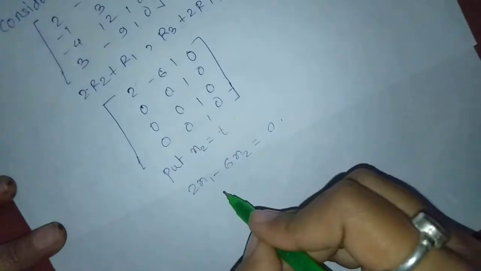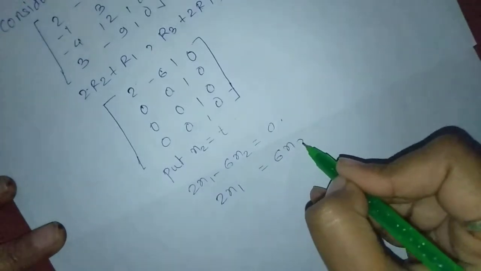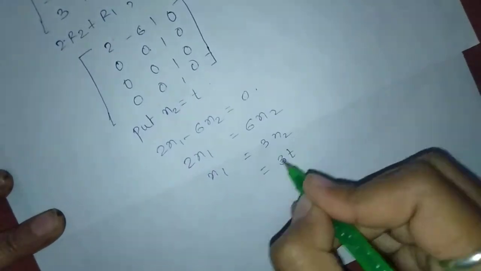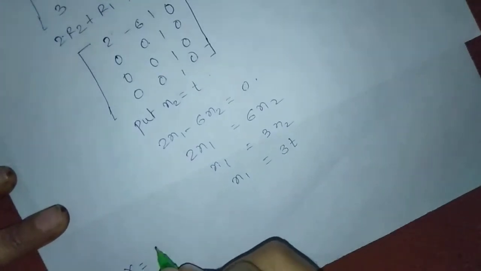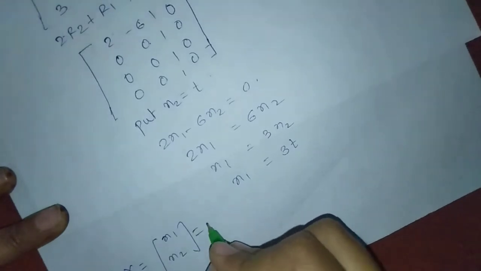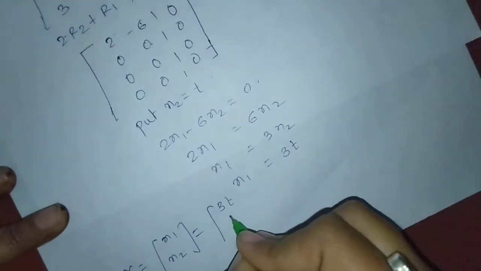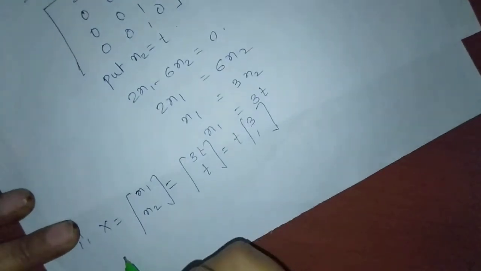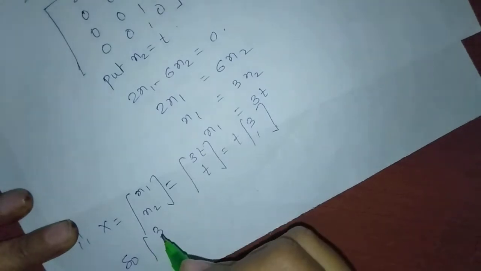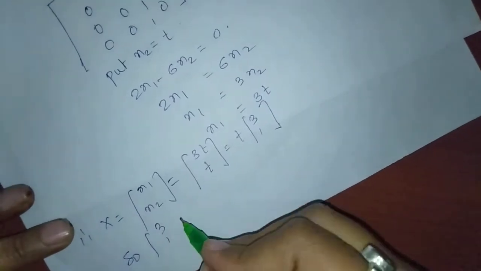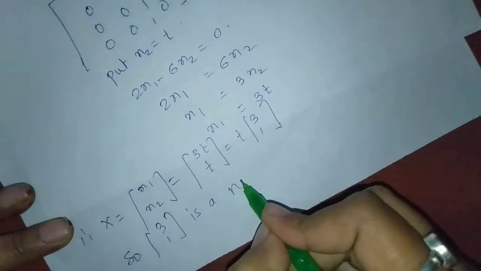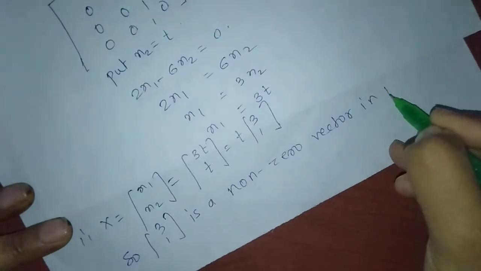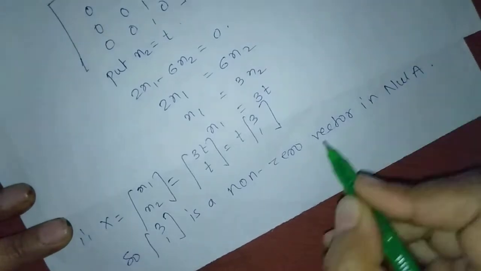So x1 equals 3x2, and x2 is t. Therefore x equals (x1, x2), where x1 is 3t and x2 is t. Taking t common, we get (3, 1). So (3, 1) is a non-zero vector in the null space of A.